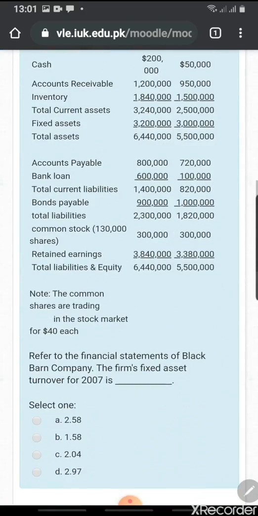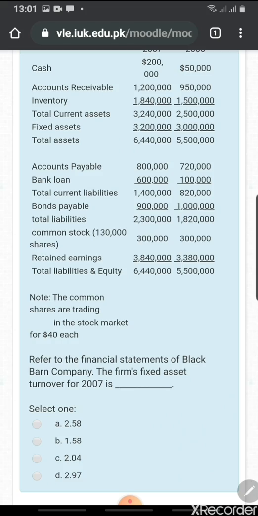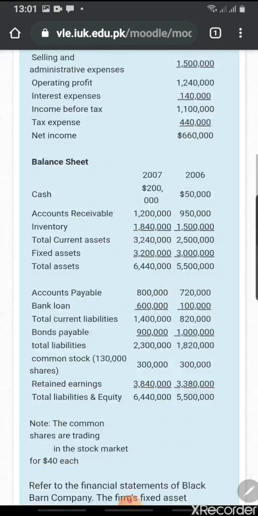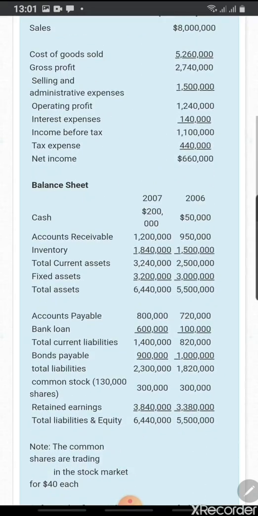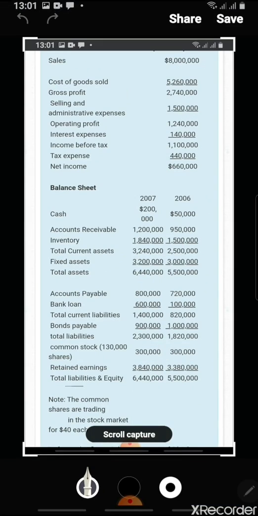The next one requires you to calculate the fixed asset turnover. So let's see. We have sales of 8 million and the fixed assets amount is here. So you will have to take an average of both of these, that means plus, and divided by 2, and you have sales of this much.